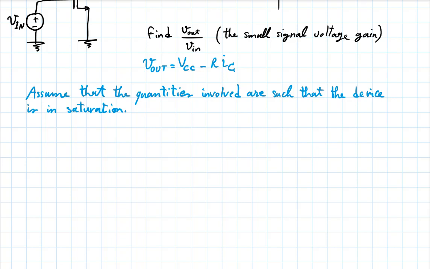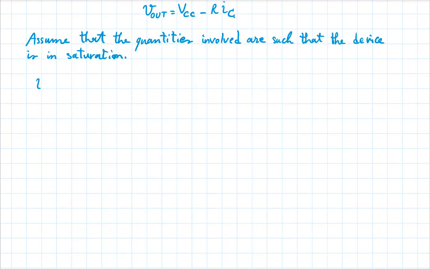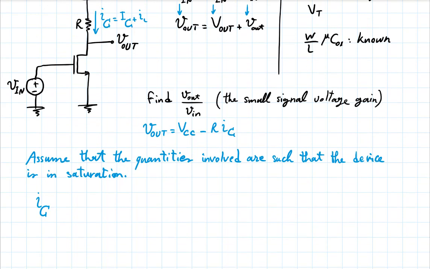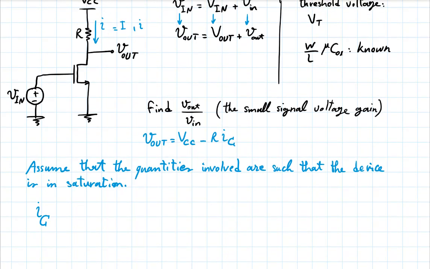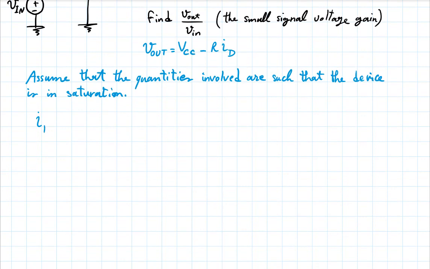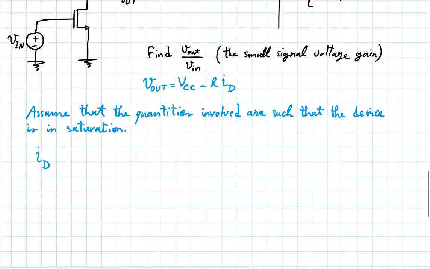Now, for the MOSFET in saturation, this is the output current. For the MOSFET, this is the drain, which makes our life easier. So let's call this ID.